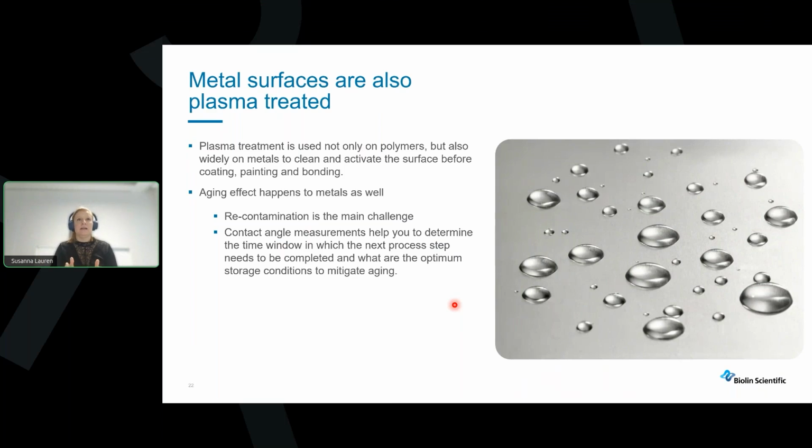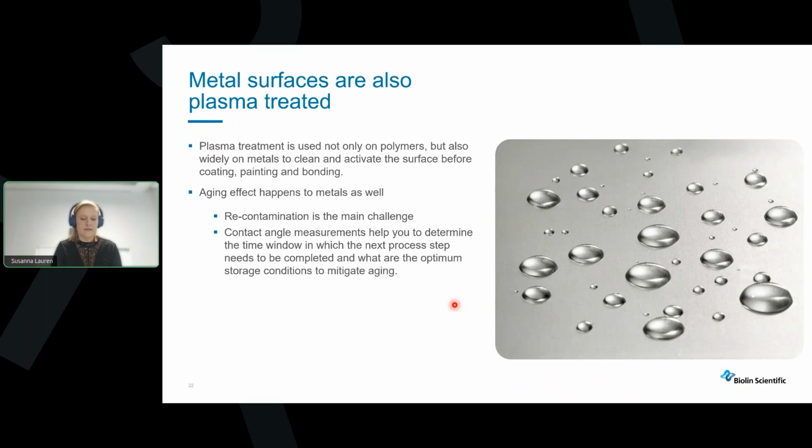But the metal surfaces also suffer from this aging, but then it's most typically due to contamination happening to the surface rather than any kind of molecular arrangements at the surface.